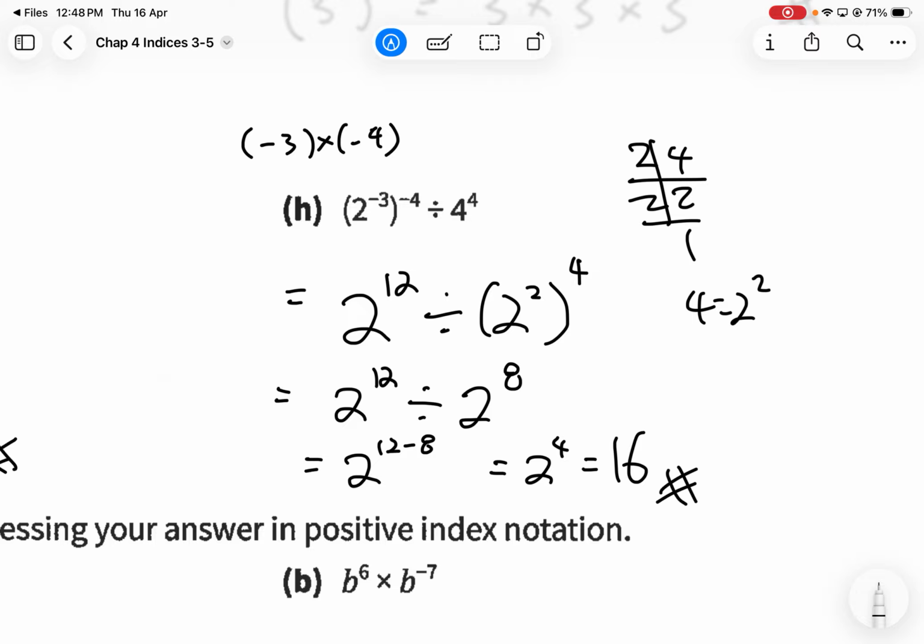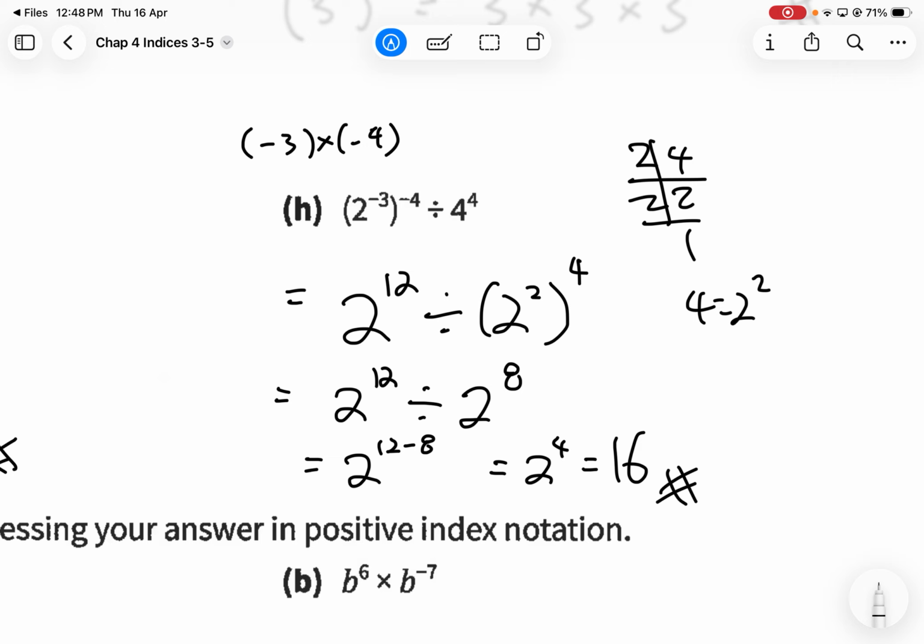What you say is not what really happened. What really happened is 2 to the power of negative 3. If I change the power to positive, it is 1 over 2 to the power 3. It's 1 over 8. So 1 over 8 times 1 over 8.